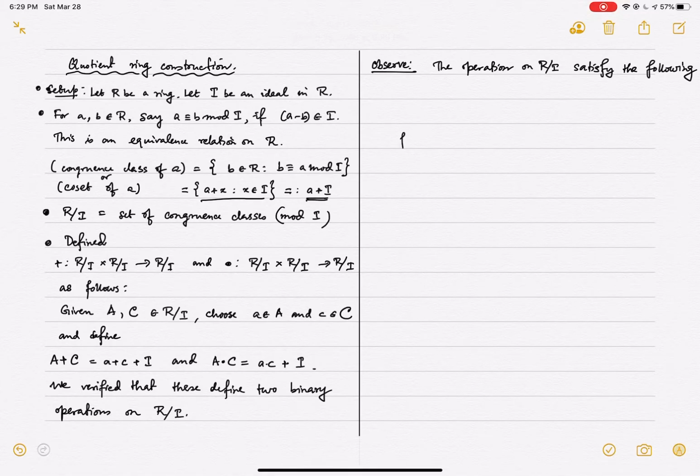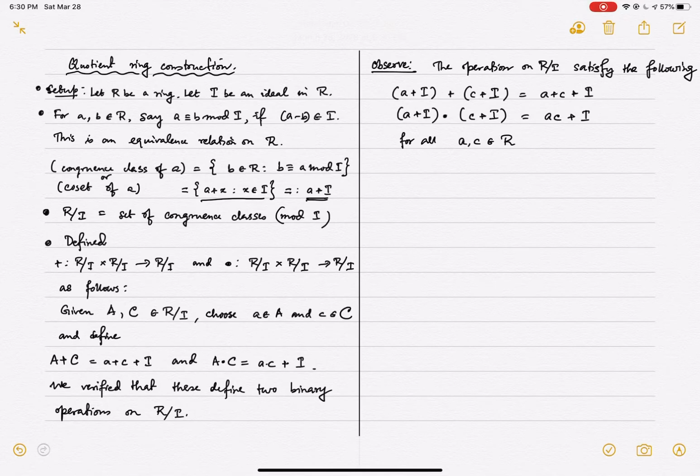For all a and c in the ring R, if you want to add the coset of a and the coset of c, then the sum is nothing but the coset of a plus c. And the product of the coset of a and the coset of c is the coset of a times c. These two things hold for all a and c in the ring R.